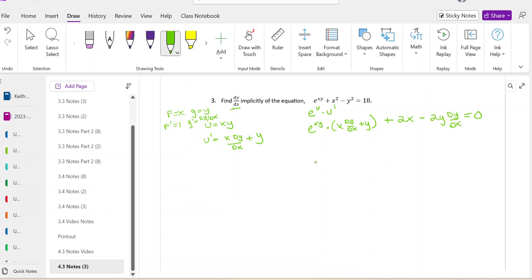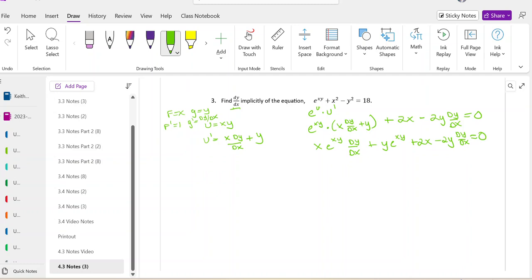So once again here, you're going to distribute, so you get x e to the xy dy dx plus y e to the xy plus 2x minus 2y dy dx equals 0.